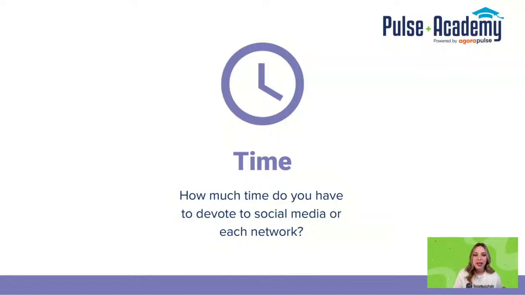Okay, time. This is one that gets a little bit tricky because you might think or know that your audience is hanging out in several places. Just for the sake of being cliche, because examples that are a little bit universal are helpful, your audience might be hanging out on Facebook. Chances are, even in today's society, your audience is on Facebook.